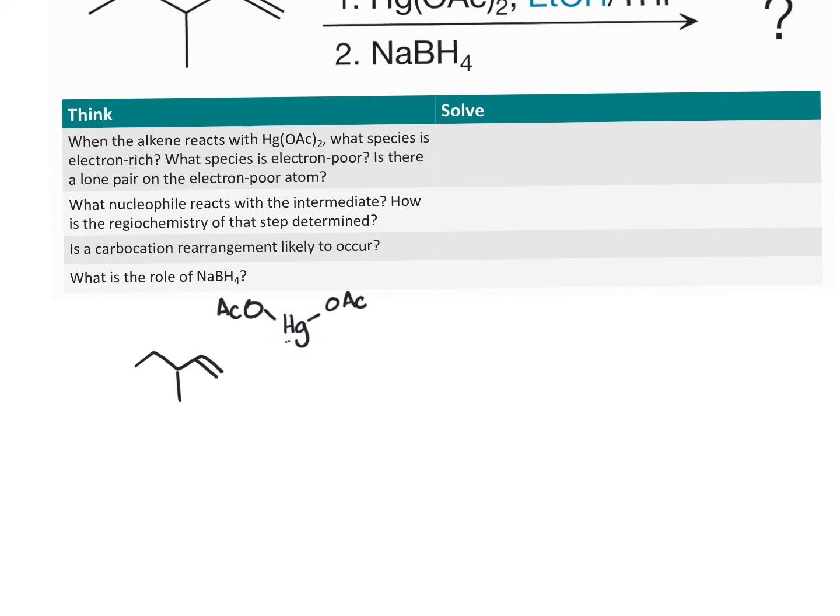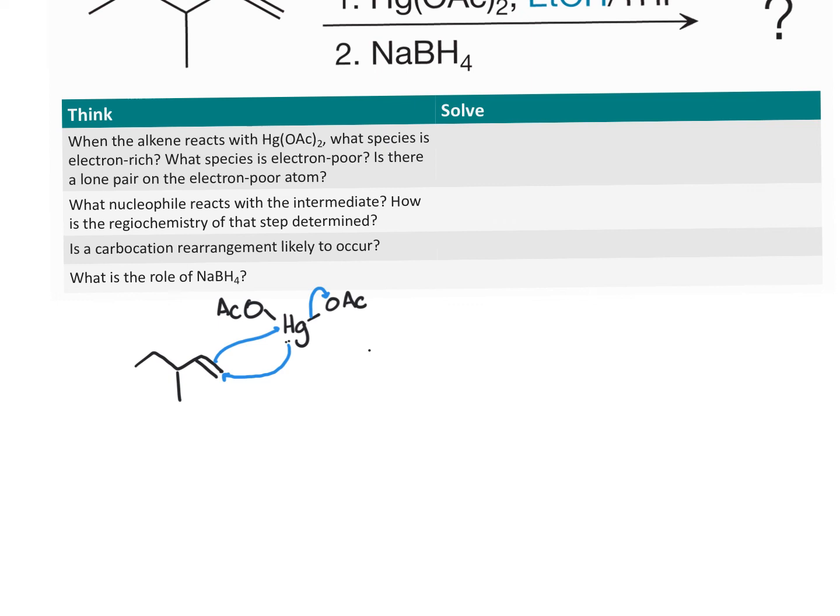So when we start this mechanism, we're going to draw a curved arrow from the carbon-carbon bond to mercury to represent the formation of one of the carbon-mercury bonds. So we start here in the middle, and we draw up here, right? These electrons then come down to here, and then one of those acetates pops off, okay?